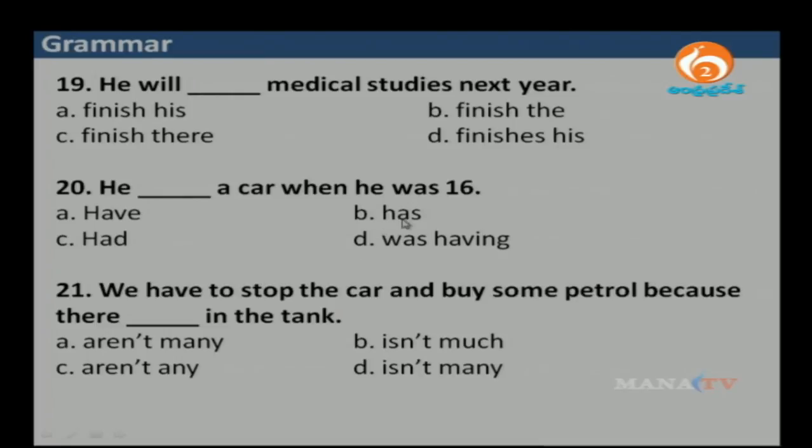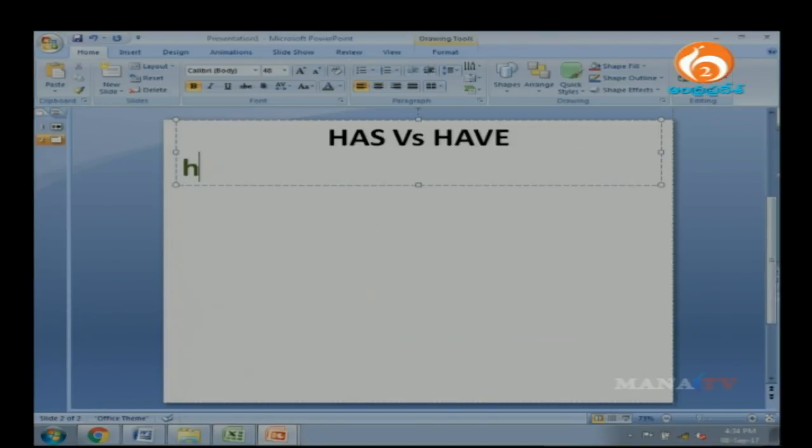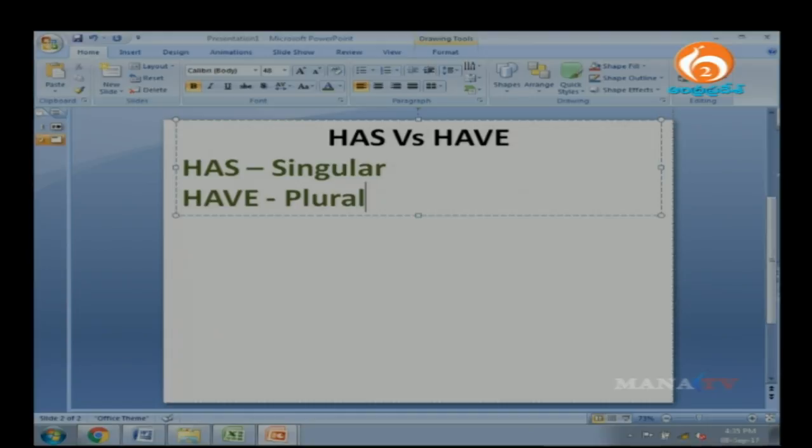Now what's the difference between has and have? So I use has when I'm talking about something singular. I use have when I talk about something which is plural. All right.